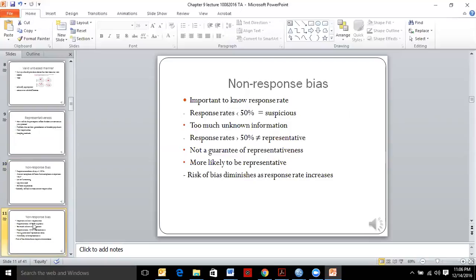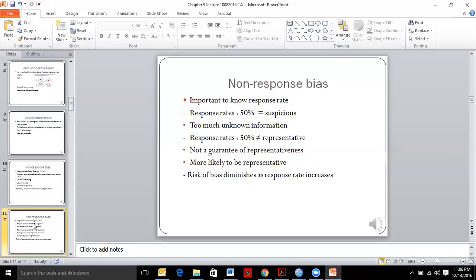As I mentioned previously, the response rate is very important, because it can tell us whether we have a problem or not. So, for example, a response rate that is less than 50% is suspicious, because we have too much unknown information about that sample.